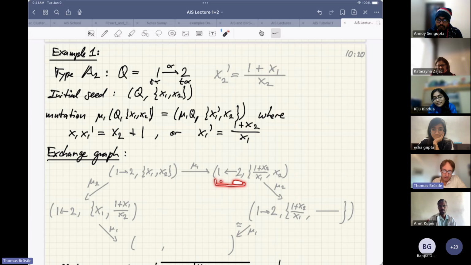So I need to put in here the variable in this particular seed. I need to put in the variable that has the label 1. That was the first variable. So I need to literally take this variable here and I put it up there.